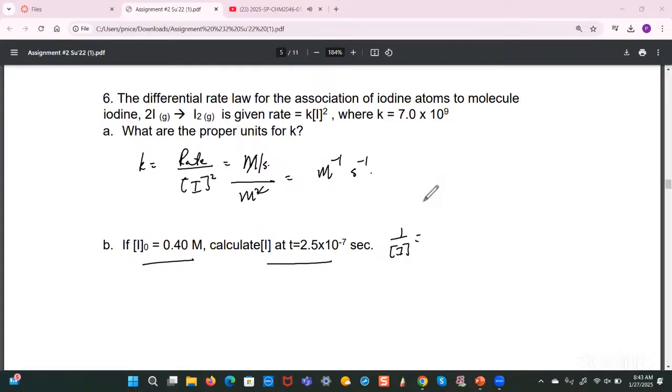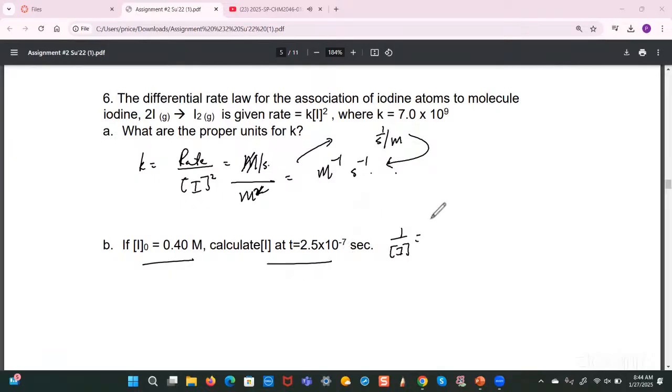Instead of M over s over M squared, wouldn't we have M over s? No, because this M cancels out with one of these. Remember, there's a 2 here, right? So you're going to have 1 over s divided by M, which is the same thing as this, because 1 over M is M to the minus 1, and 1 over s is s to the minus 1.